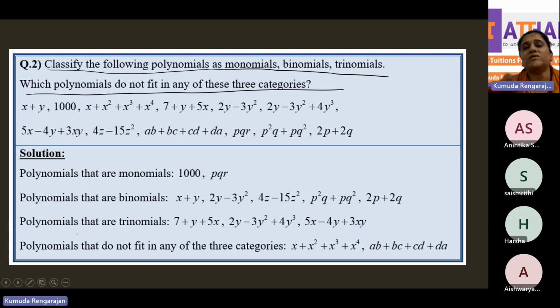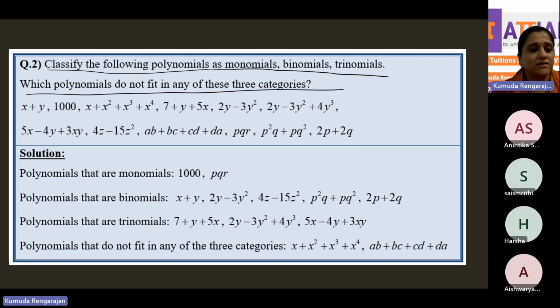Because if it has more than 3 terms, then it will not fit into any of these categories, right? You are giving only 3 categories. See, there are cats, dogs, donkeys, buffaloes, horses, many animals, but you are giving only 3 categories: cats, dogs, and maybe some cows. What are the other animals? So they don't fit into these 3 categories.